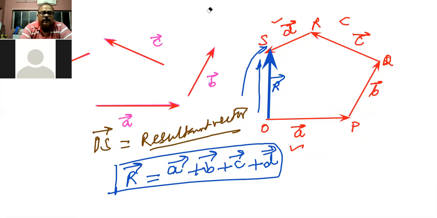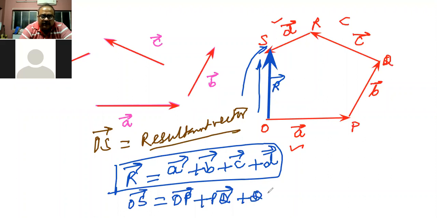Okay. So already you have seen that this is our OP. So the resultant is OS vector, and that is equal to, you have seen, OP vector plus PQ vector plus QR vector plus RS vector. So this I have already told, and it is also represented, which is very much clear to you.